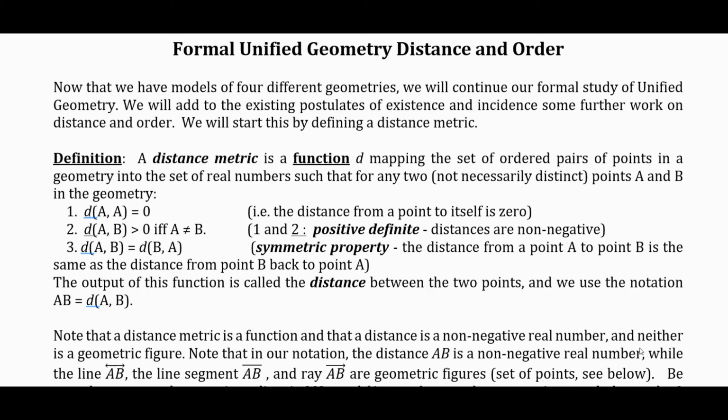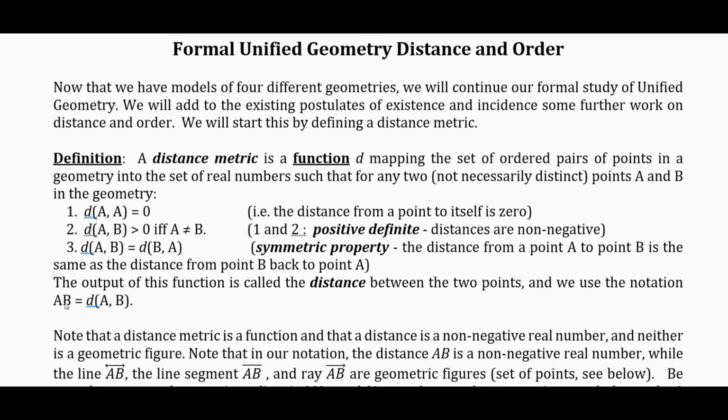So we would say it's positive definite. Distances are non-negative. And the distance from a to b is the same as the distance from b to a. It has a symmetric property. In other words, the distance from a to point b is the same as the distance from b back to point a. And the output of this function is called the distance between the 2 points, and we'll use the notation AB for the distance from a to b.